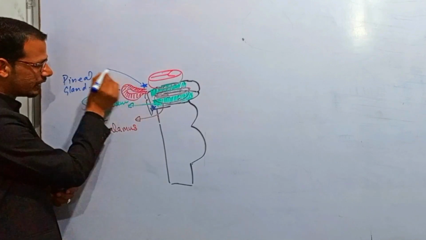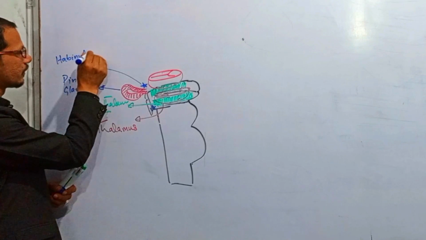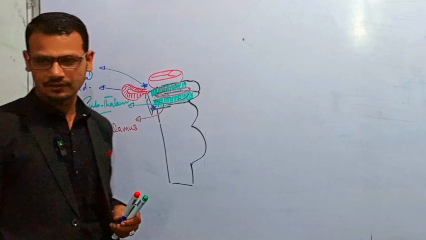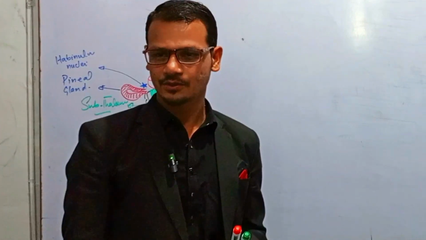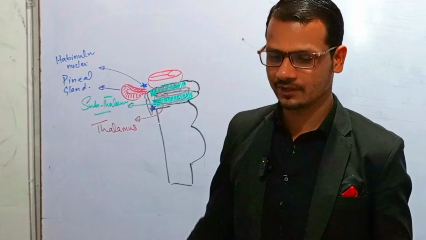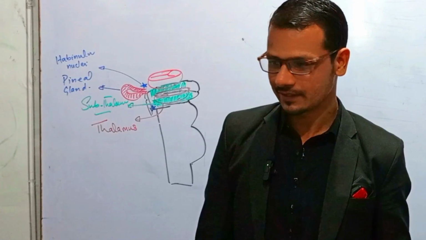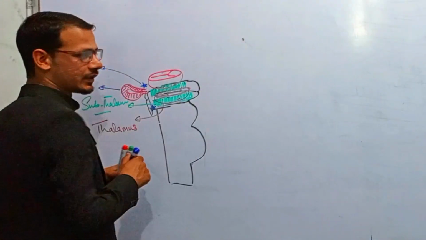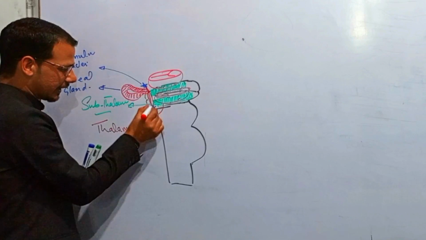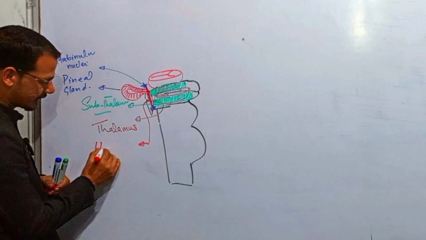These nuclei are called habenular nuclei, whereas the nuclei present in the fornix system are called subhabenular. We have just discussed this. These are habenular nuclei, and they are interconnected by these fibers, and these fibers are called habenular commissure.